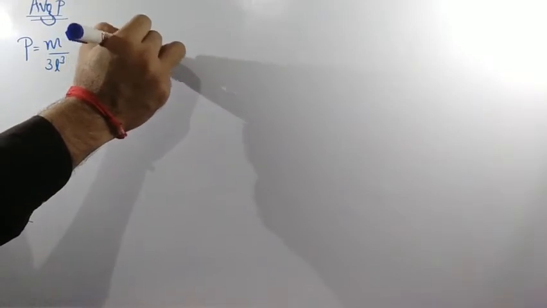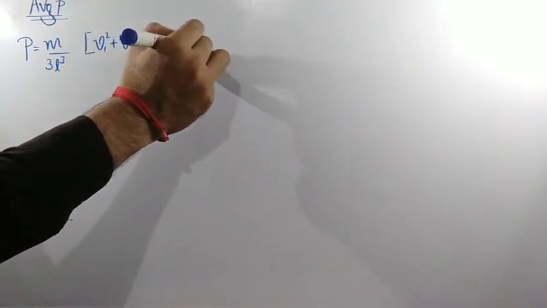Now listen. So where we were, P is equal to M by 3L cube, inside the bracket we had v1 square plus v2 square plus so on plus vn square.